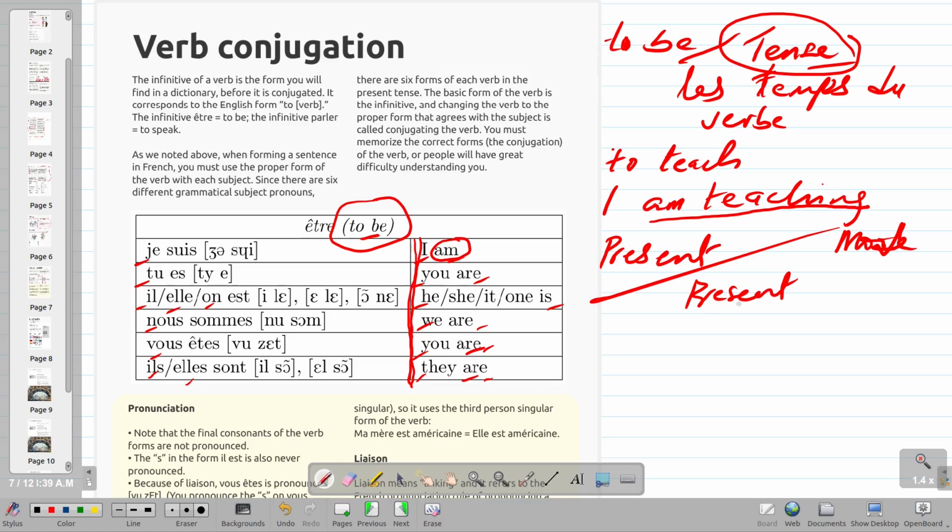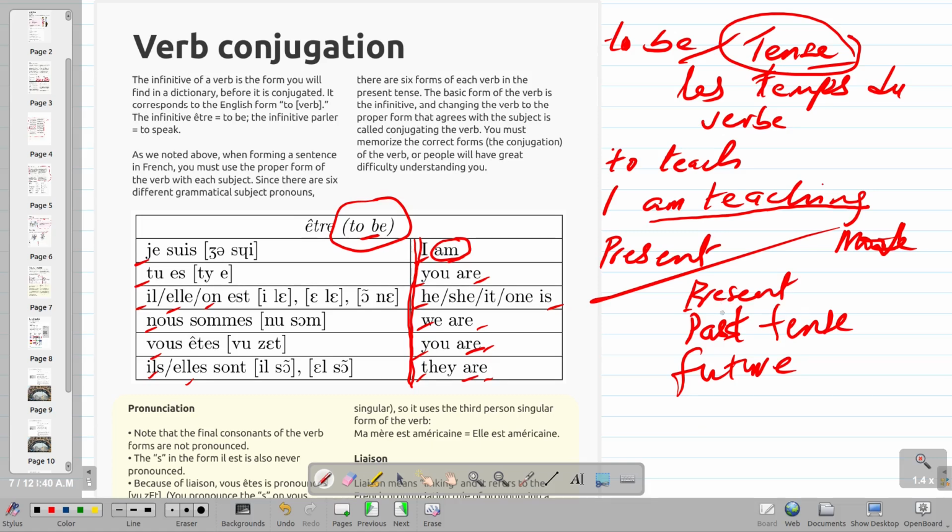You have present tense, you have past tense, you have future tense. So when we say tense, what we are talking about is the time of the action of the verb.